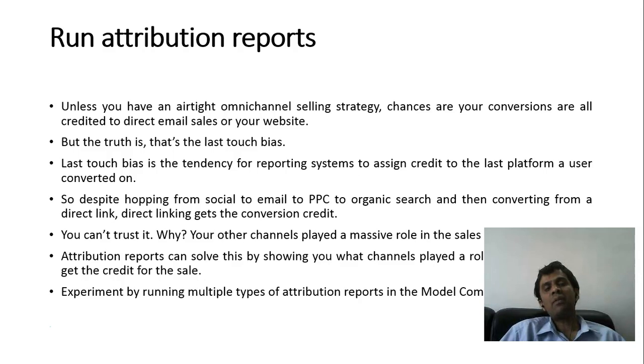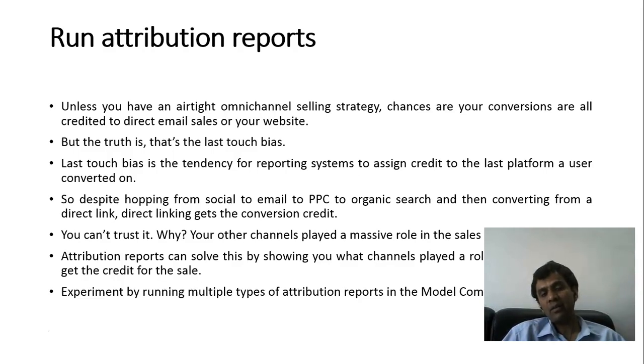Now you should run an attribution report. Unless you have an airtight omni-channel selling strategy, chances are your conversions are correlated to direct sales or emails which are coming to your website. But the truth is, that's the last touch bias.